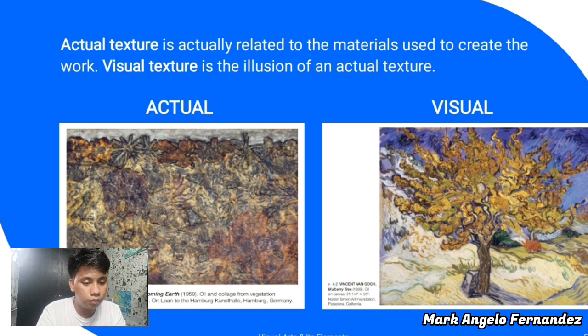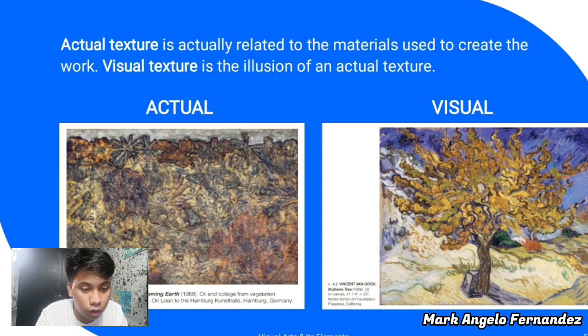Pero minsan kasi merong artist na gumagawa ng hyperrealistic na mga hollow blocks na painting or mga drawing. Doon natin makikita pag visual kung rough or soft yung kanyang ginawang art.